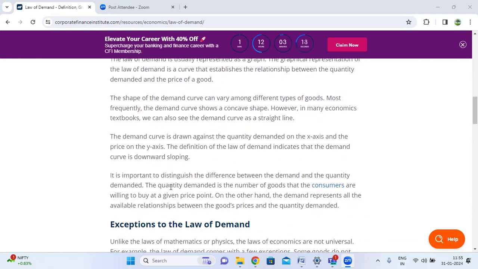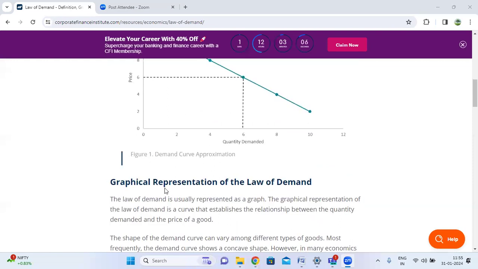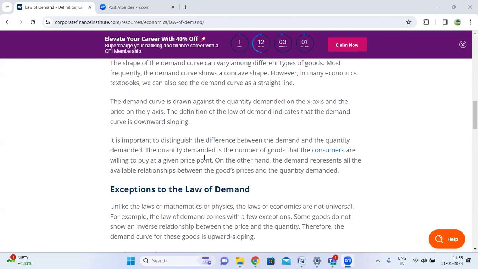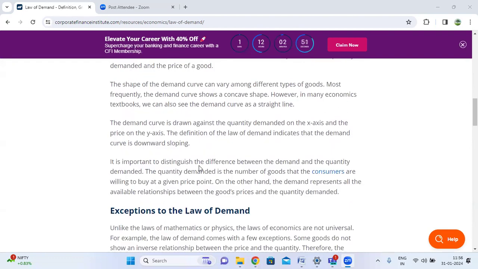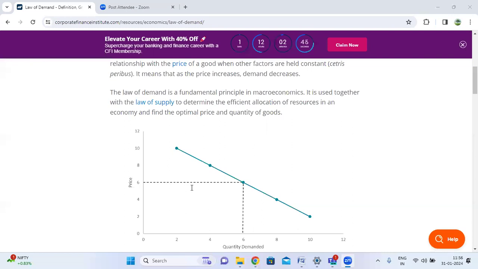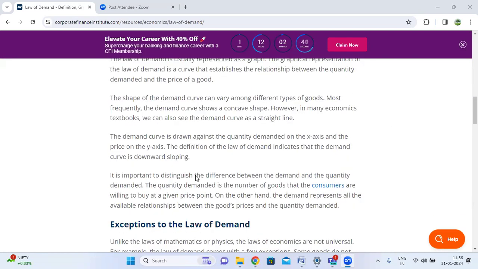It is important to distinguish the difference between demand and quantity demanded. The quantity demanded is the number of goods that consumers are willing to buy at a given price point.